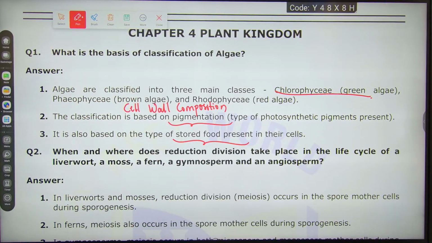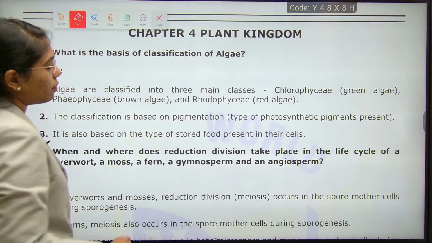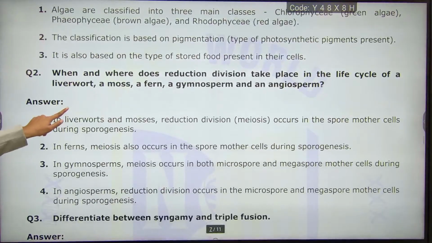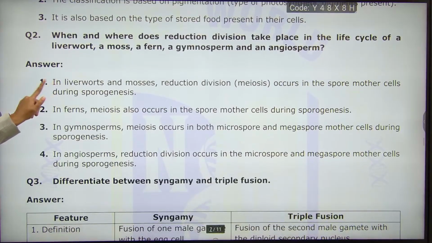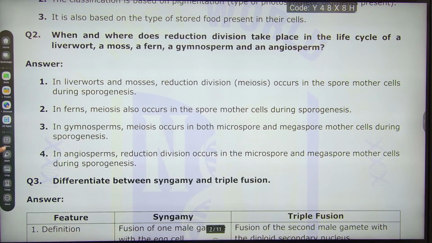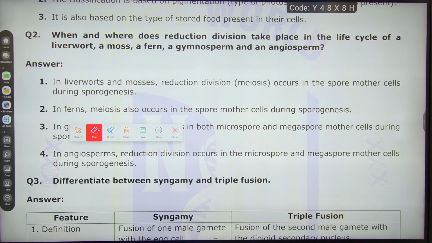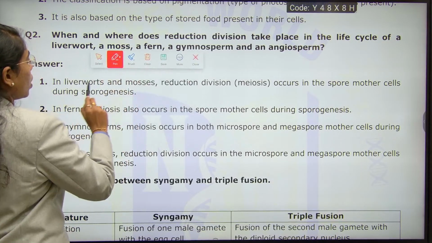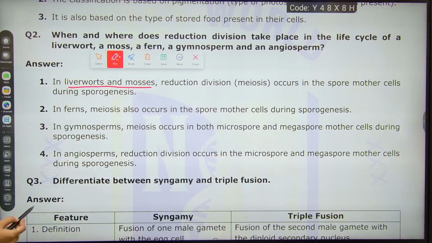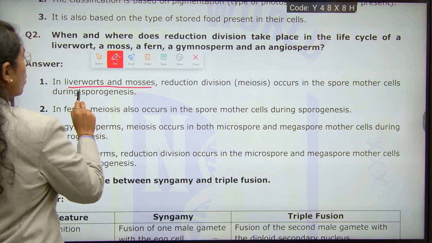Next, when and where does reduction division take place in the life cycle of liverworts, mosses, gymnosperms and angiosperms? In liverworts and mosses, reduction division occurs in spore mother cells during sporogenesis.